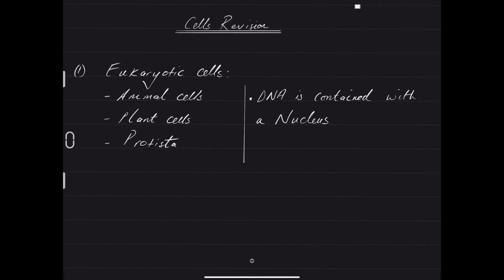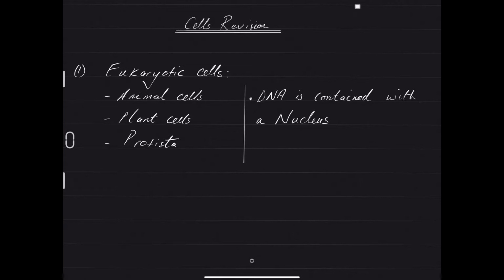It will become clearer when we look at prokaryotic cells how the DNA is stored and arranged differently in prokaryotic cells. So the way the DNA is stored within eukaryotic cells is within a structure known as the nucleus.